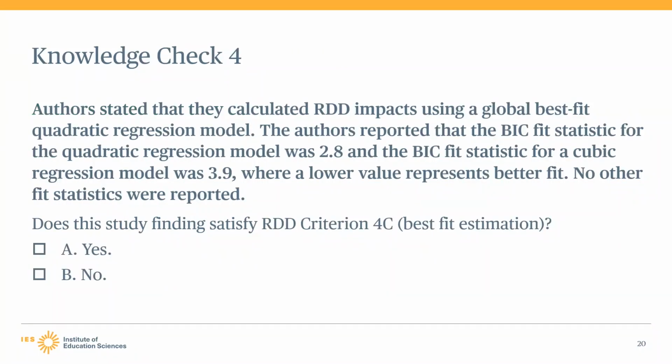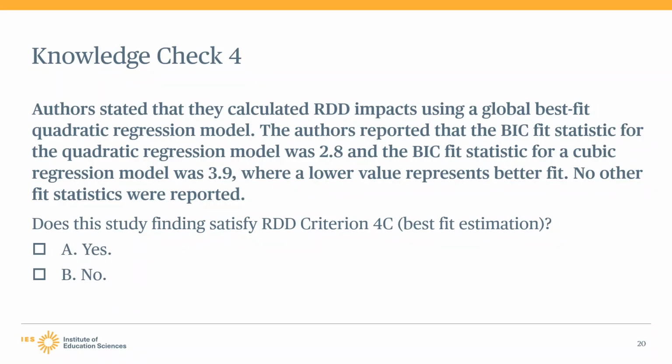Knowledge check 4. Authors state that they calculated RDD impacts using a global best fit quadratic regression model. The authors report Bayesian information criterion, BIC, fit statistics for the quadratic regression model as 2.8 and for a cubic regression model as 3.9, where a lower BIC value represents better model fit.